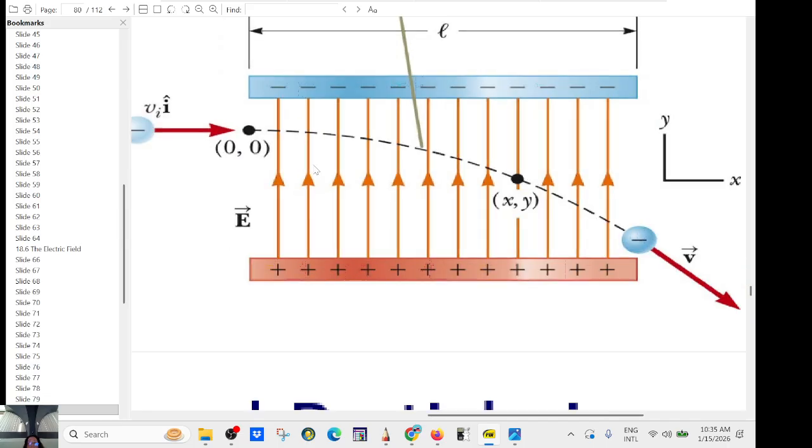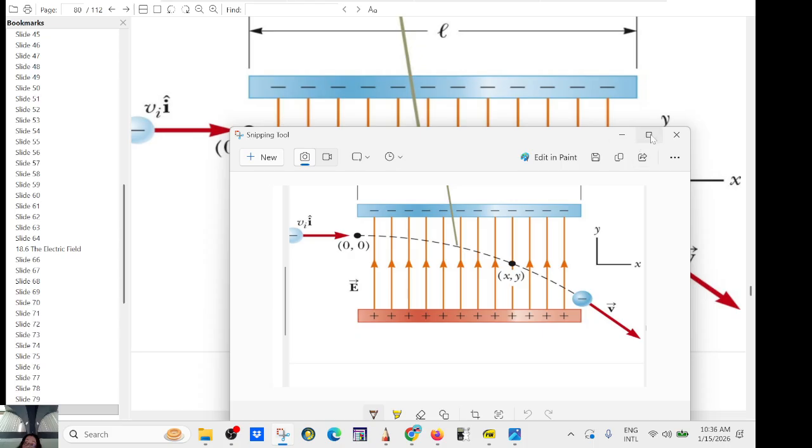Opposite of the electric field, so it's going to be down. So it wants to go down, but at the same time it's also moving forward. When you combine those, you get a nice parabola with two sets of equations.